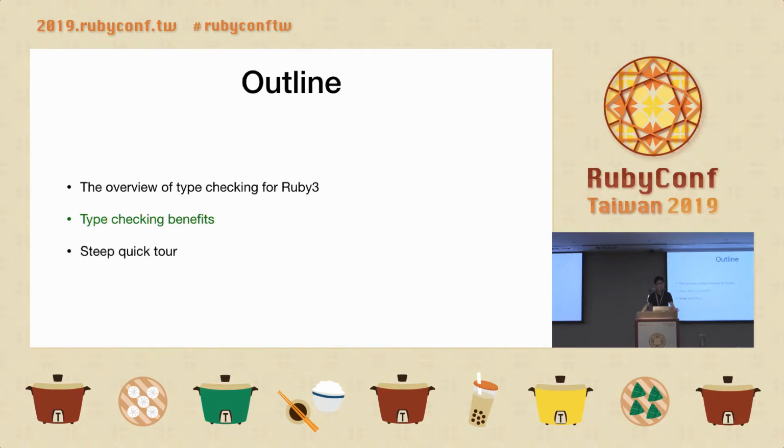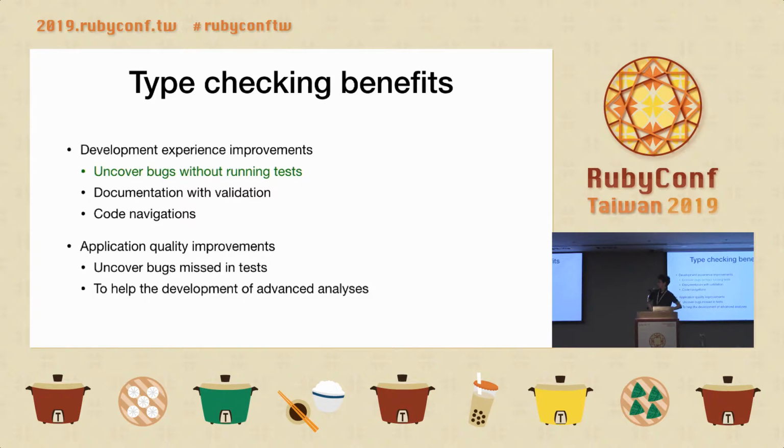So this is our plan to provide type checking for Ruby 3, and the rest of my talk assumes the level 2 type checkers. So I want to explain the benefits of type checking in more detail. As I explained in this talk, the goal of Ruby 3 type checking is to improve the development experience.